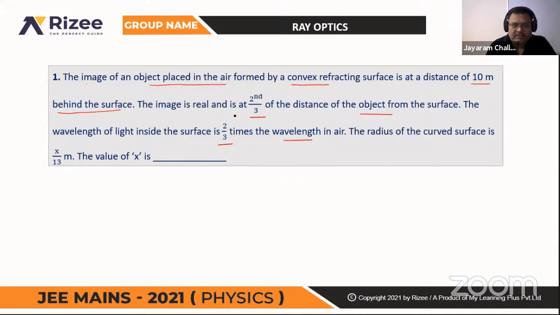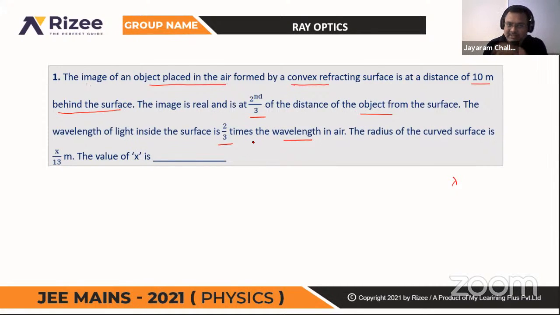So according to this, the image is real and is at two-thirds of the distance of the object from the surface. And the wavelength inside, the lambda in the medium, is two-thirds of the lambda in the vacuum.